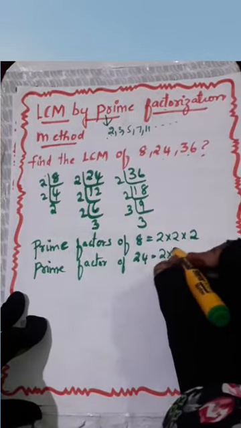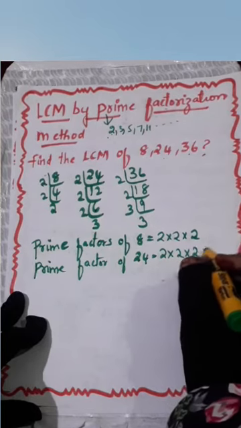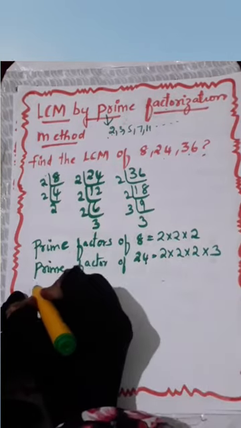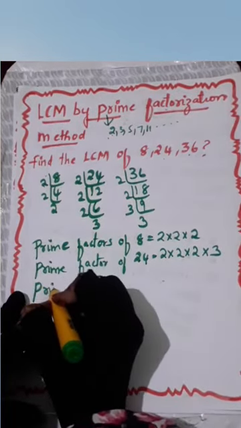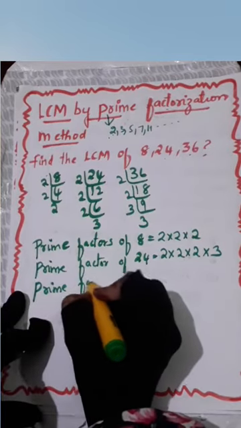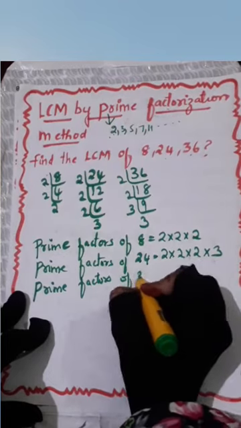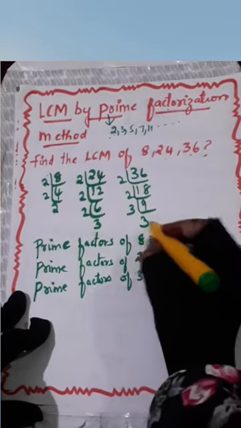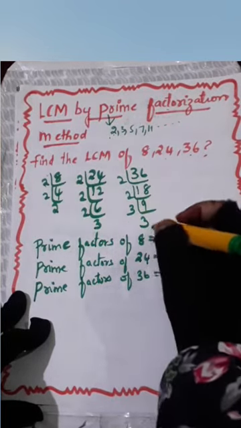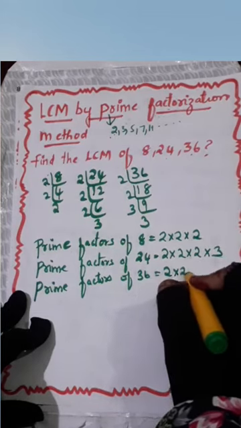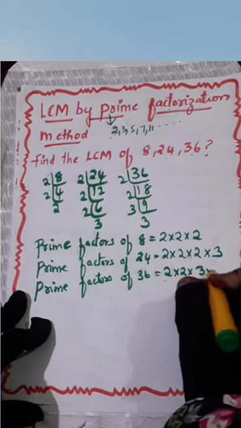Prime factors of 36 are 2 into 2 into 3 into 3.